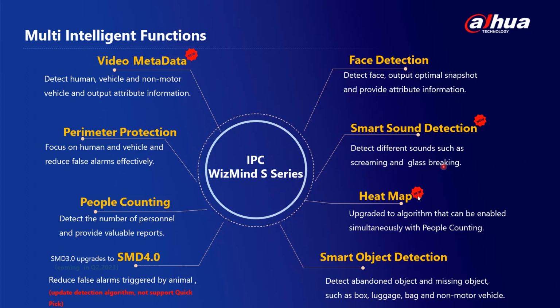Heat map is another new feature. It's basically an upgraded algorithm that can be enabled simultaneously with people counting, so this can support two functions simultaneously. Then we have the smart object detection. That's the ability of the camera to detect abandoned objects and missing objects such as boxes, luggage, bags, and some other non-motor vehicle objects.